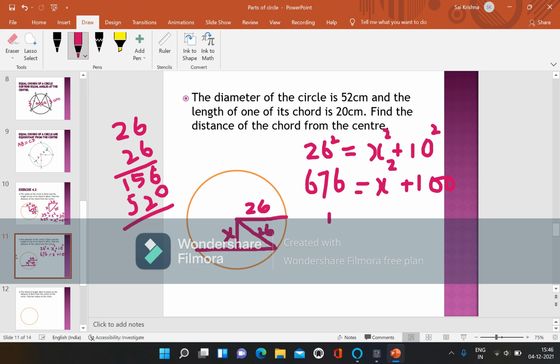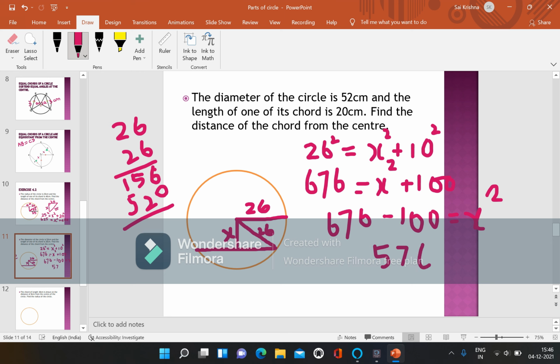So x square would be 676 minus 100, which is 576.